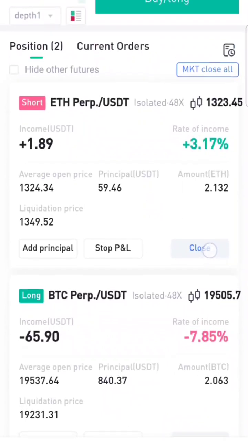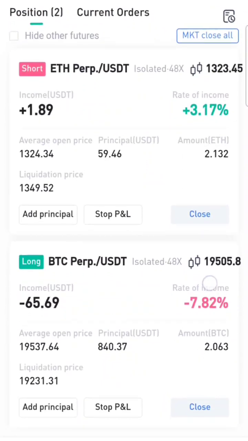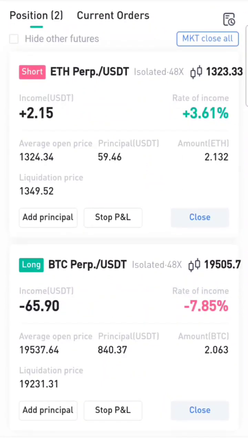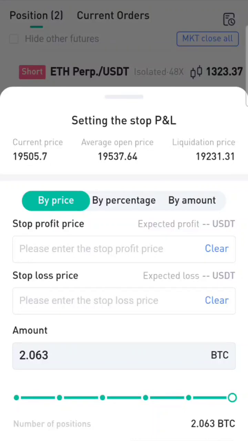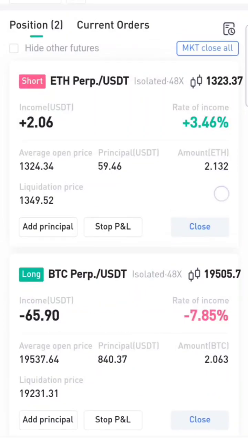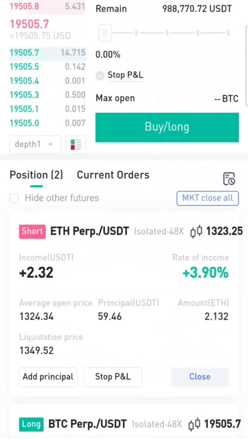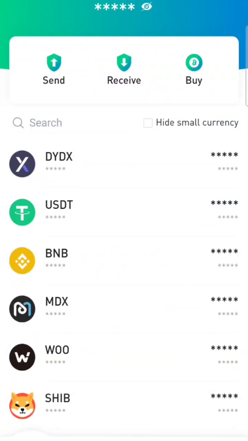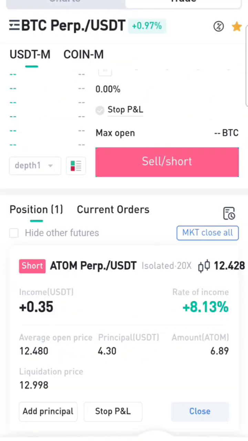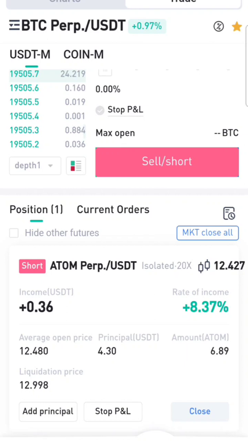Okay, let me show you from here. For example, this trade is running now on 0.35 profit, and I want to take partial profit from this trade. Let's say I want to take this 0.35 profit.